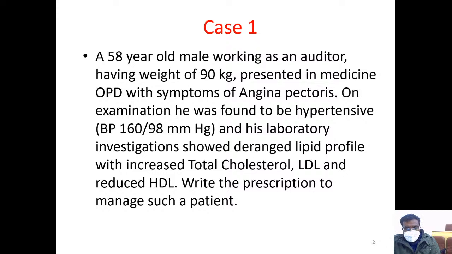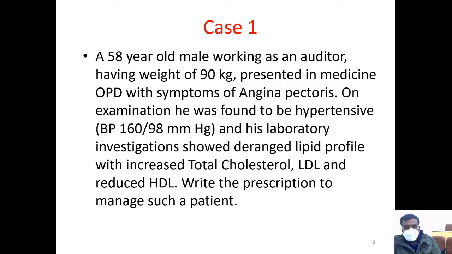On examination, he was found to be hypertensive. His BP is 160/98 mm of mercury, and his laboratory investigations showed deranged lipid profile with increased total cholesterol, LDL, and reduced HDL. So you have to write the prescription to manage such a patient.